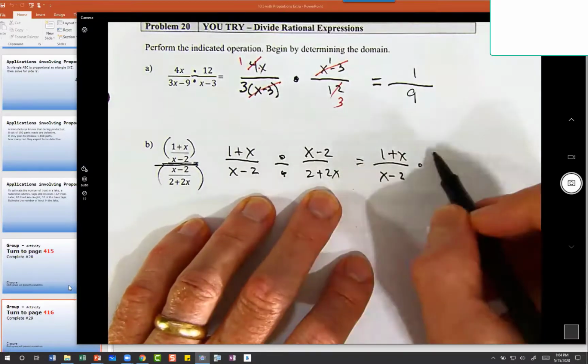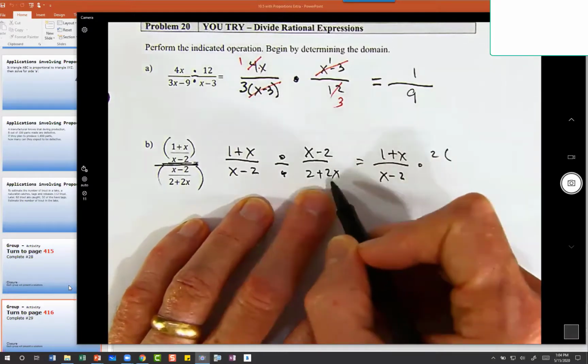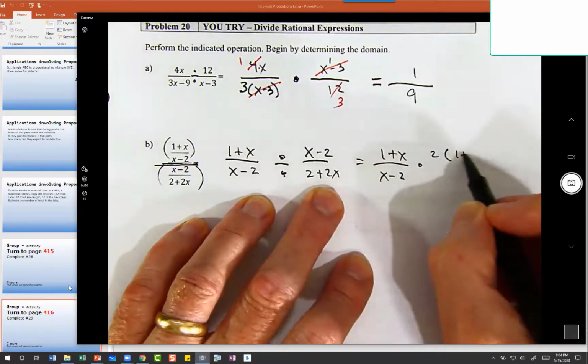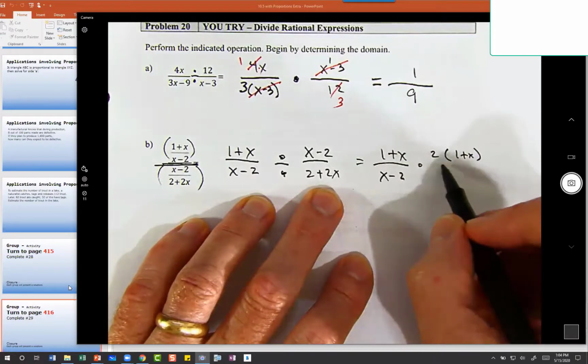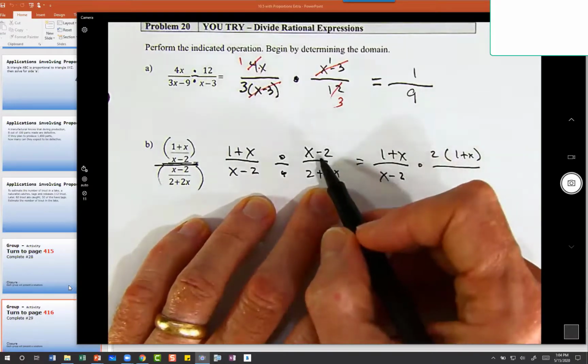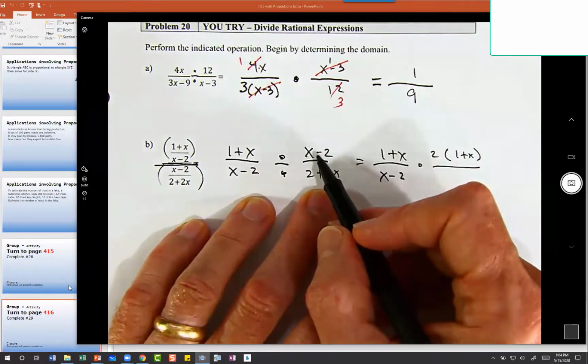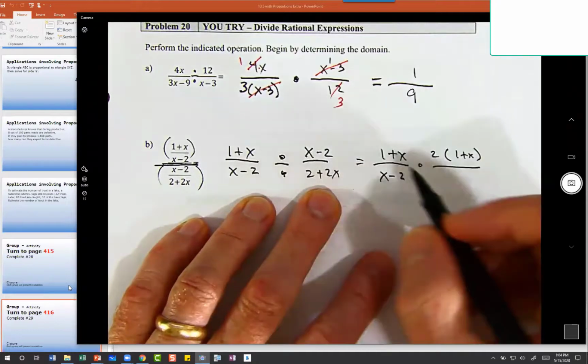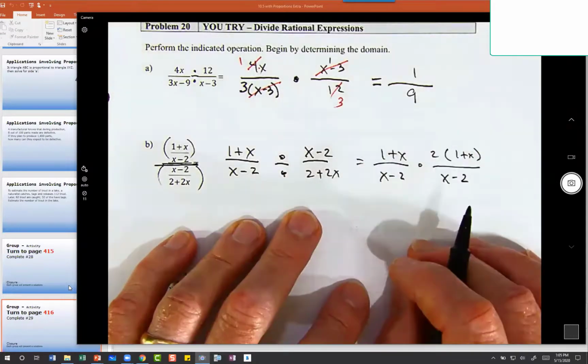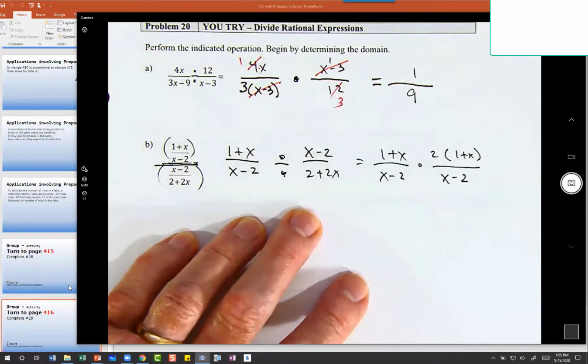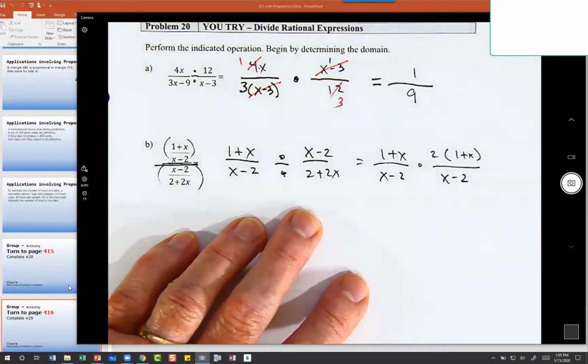And when I do, there's a common 2 in here. I'm taking it out. And I'm going to move x minus 2 to the bottom. And then I'm going to look to cancel. Does anything cancel?